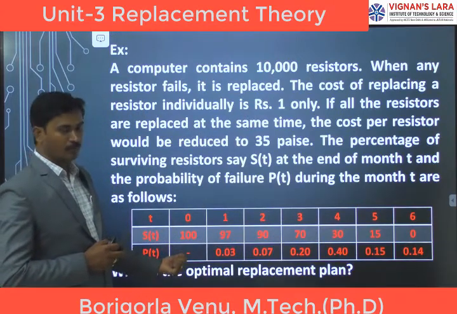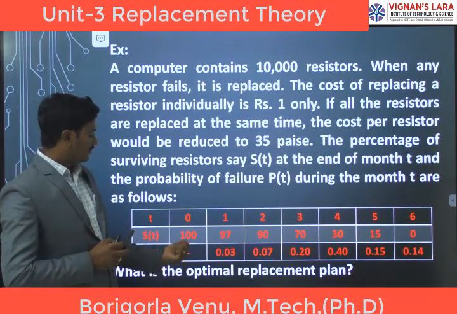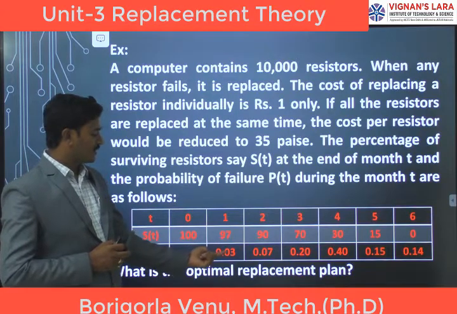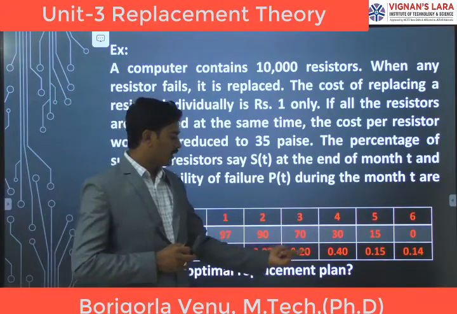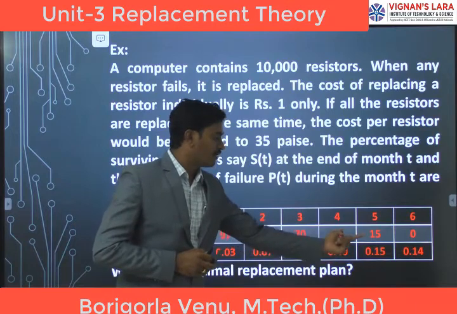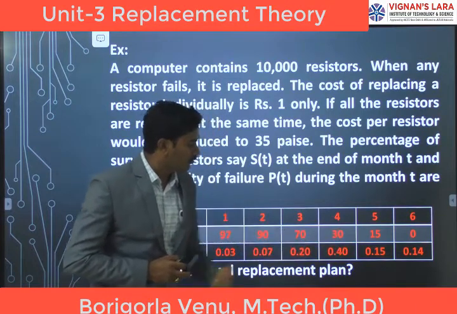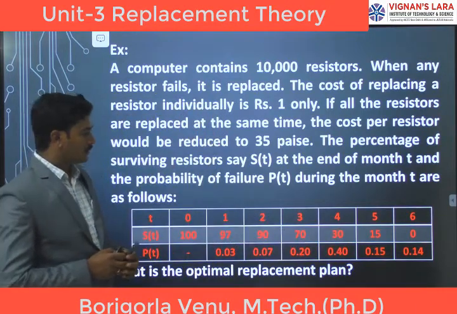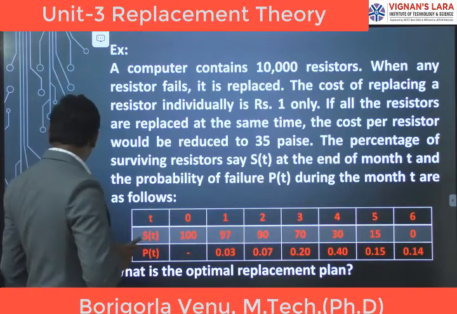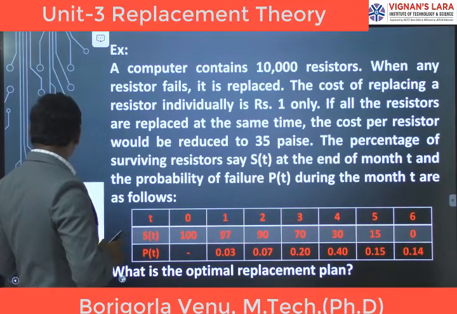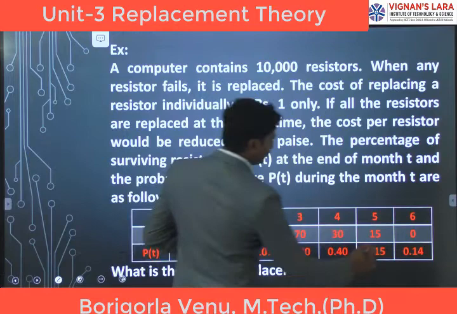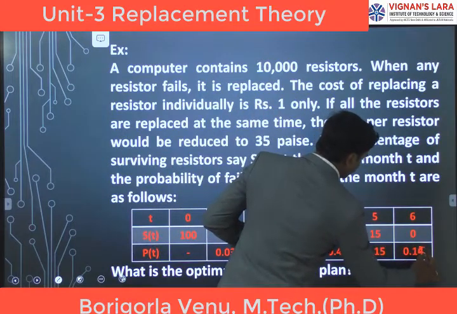Here there is no probability at the 0th month, because 100 are there. So next 0.03, 0.07, 0.20, 0.40, 0.15, 0.15. It is not 0.14, it is 0.15.